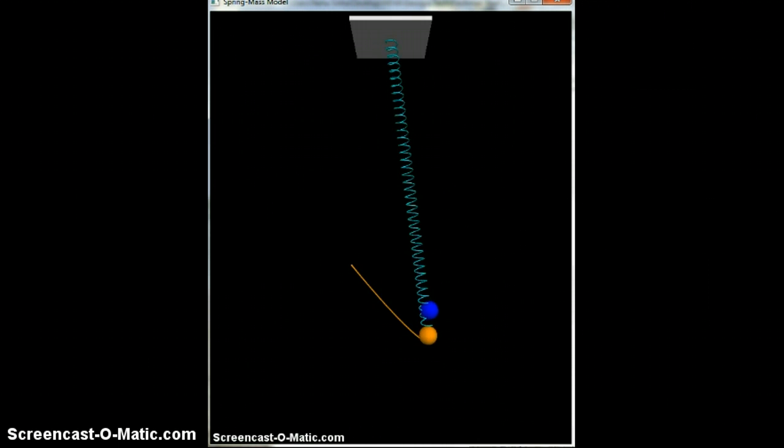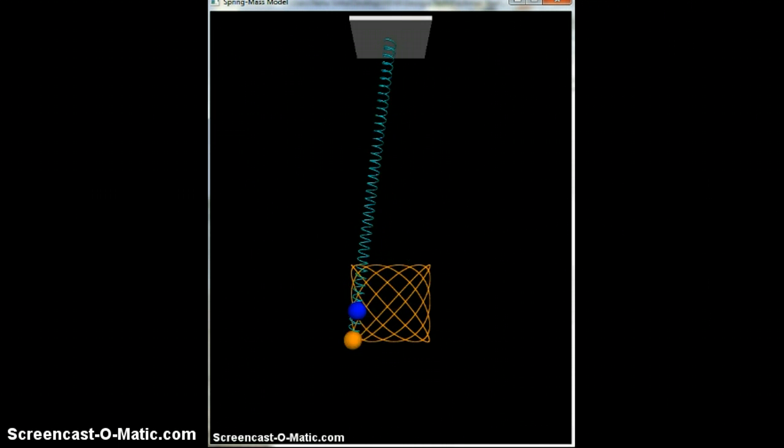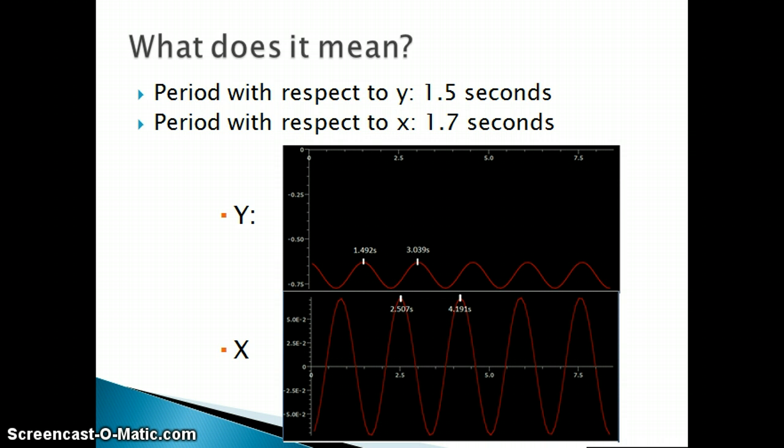The model is shown in yellow, and the experimental is shown in blue. So then, using our actual experimental data, we also found the periods. The period with respect to y in this case was equal to 1.5 seconds, and the period with respect to x was 1.7 seconds.